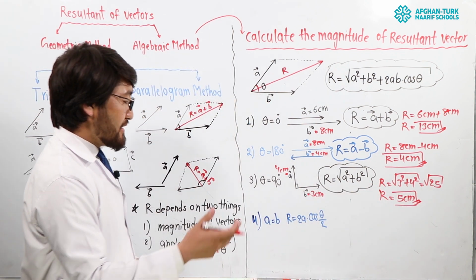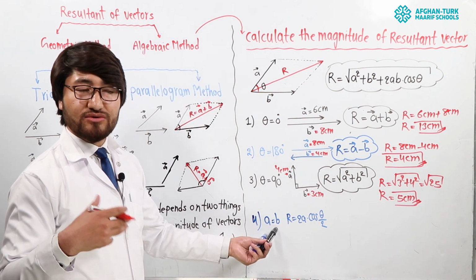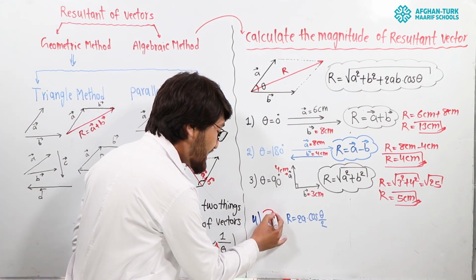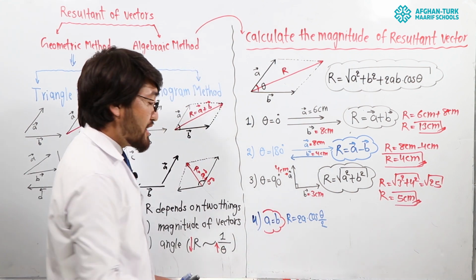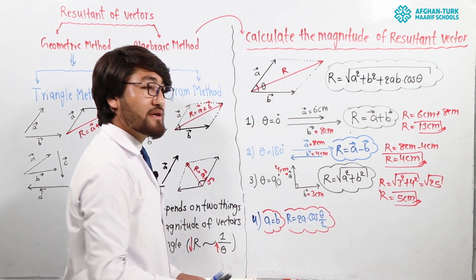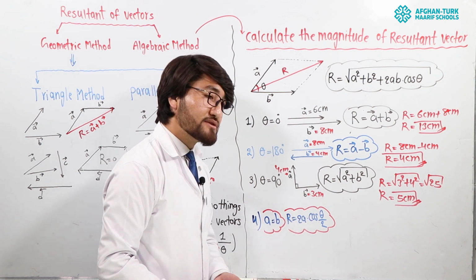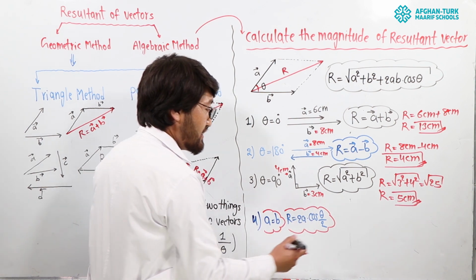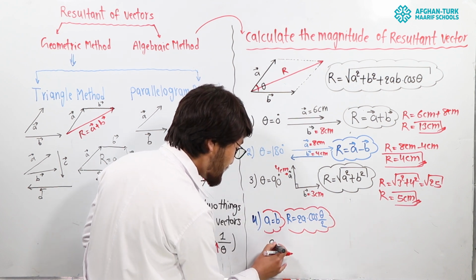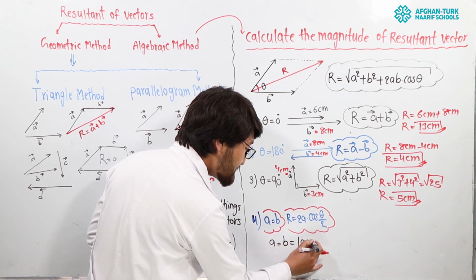Now, move on to other properties. If two vectors are equal, vector A is equal to vector B. From this formula, we can find the resultant: R is equal to 2 times A times cosine theta over 2. Let's do an example. Vector A is equal to vector B, and it is 10 centimeters.